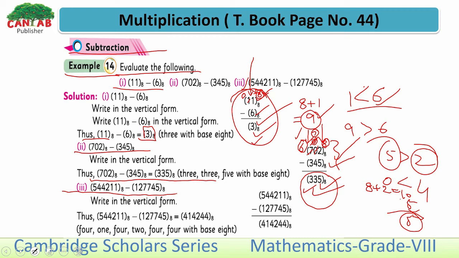So first of all, write these numbers in vertical form here and subtract these numbers. You know the procedure how to borrow the numbers. Always borrow base number and then perform subtraction. Complete this part by yourself.